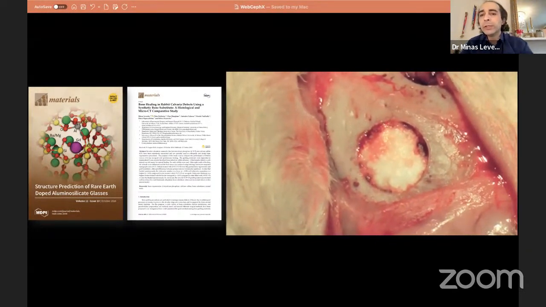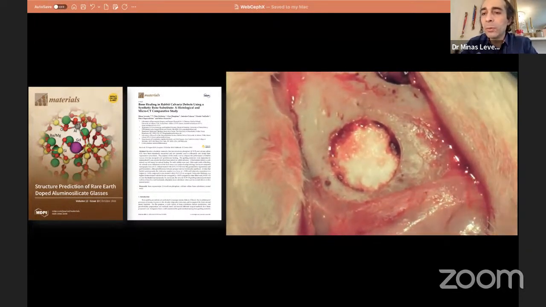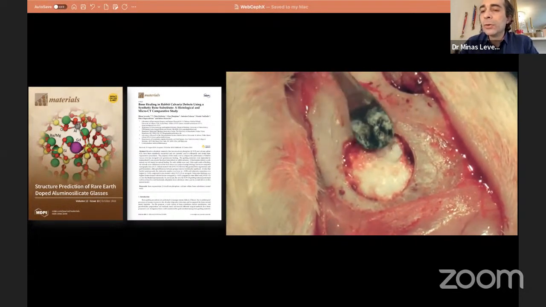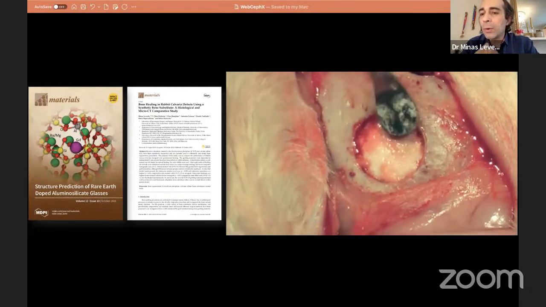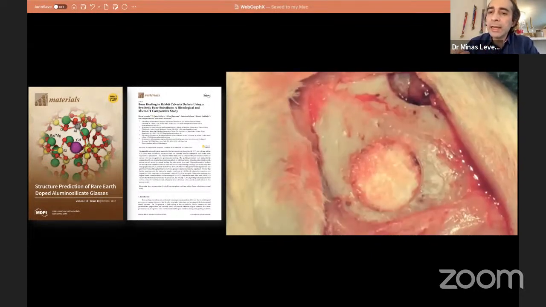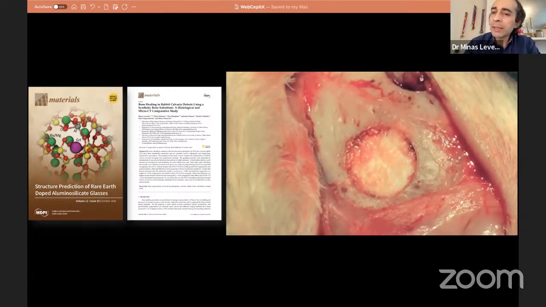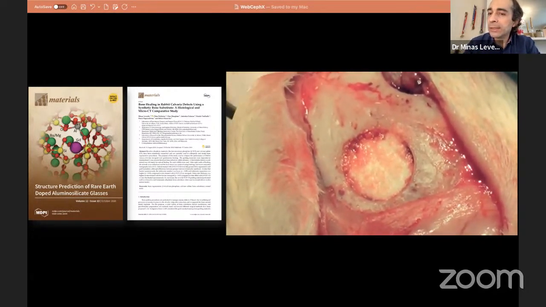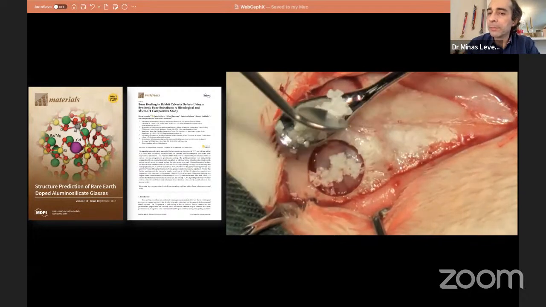Here we use beta-TCP with calcium sulfate. So this is a 100% synthetic resorbable material, and you see that it's like a paste that when we place it inside, it starts getting hard.